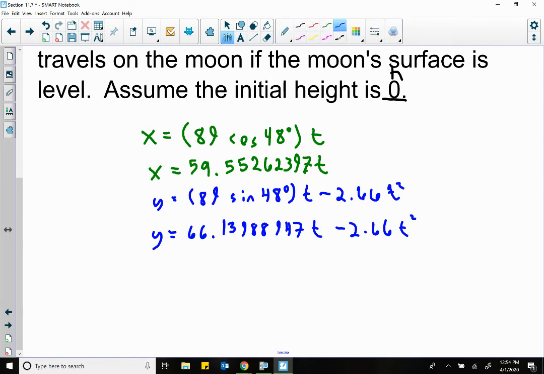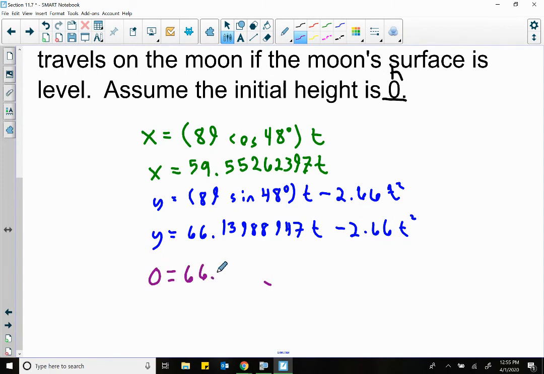So down here, this is an equation that we can actually solve because it's y equals, right? So take this bottom equation, set it equal to 0, and let's solve for t. Because once we know what t is, we can plug that back into the top one. Okay? So we're taking the bottom equation.